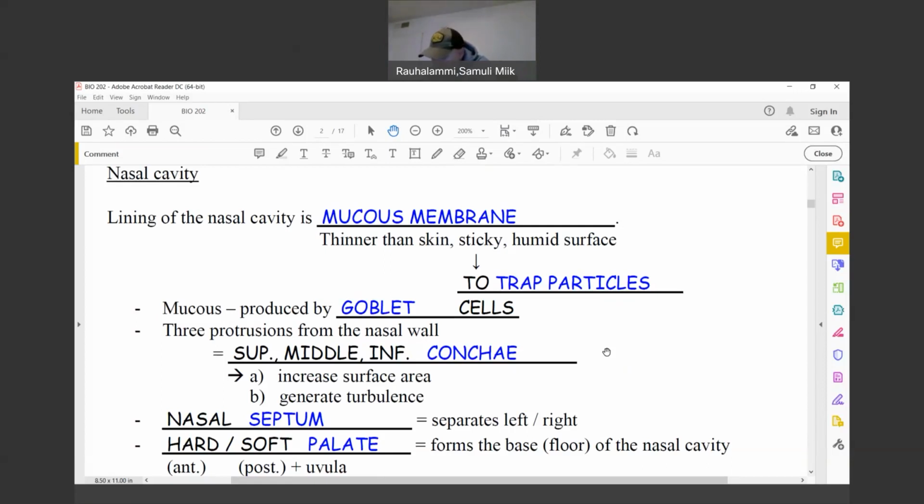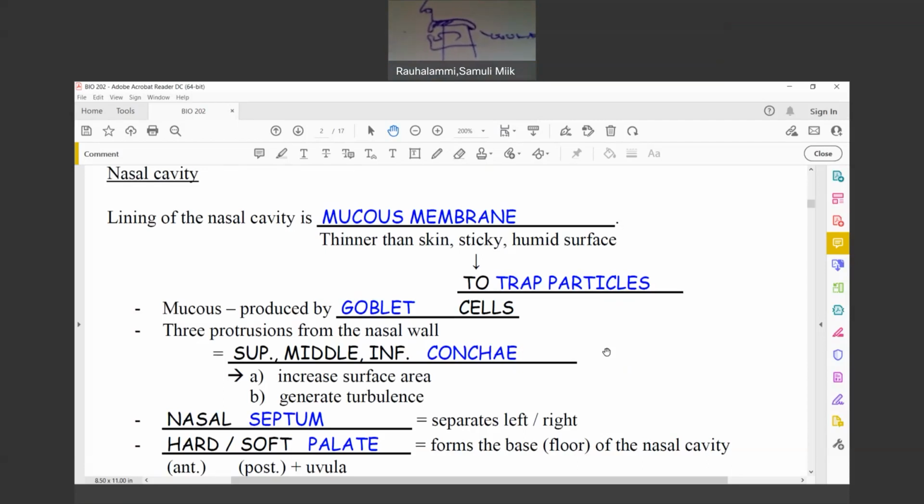And it can be divided into two parts. More anteriorly, and again, I just quickly sketched it for you, we're going to have a hard palate.